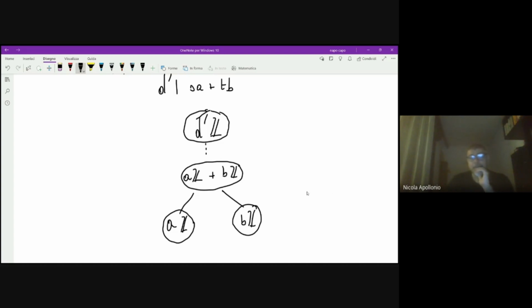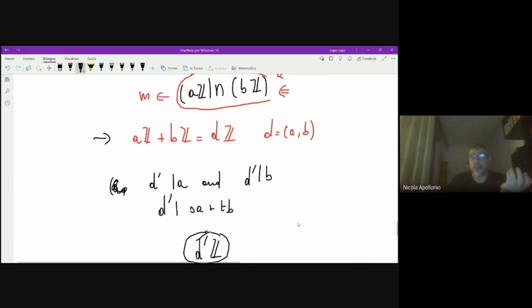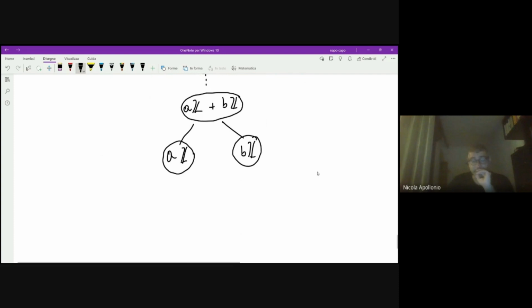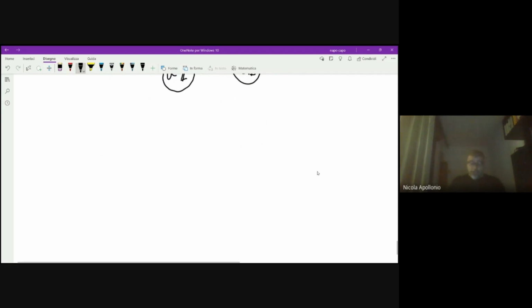But are we sure that there is nothing in between the set of linear combinations and AZ and BZ? We are sure there is nothing in between if we prove, and only if we prove, that the set of linear combinations is exactly the set of multiples of the greatest common divisor. And so this is what we want to do. It is not trivial at all, actually.